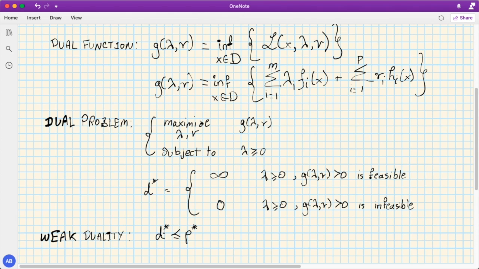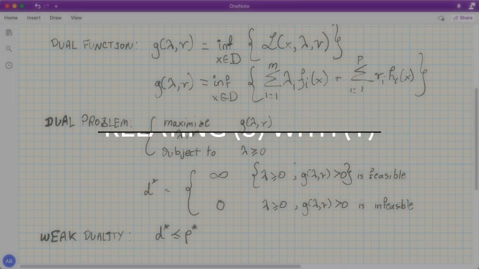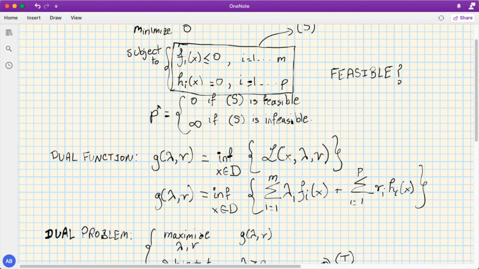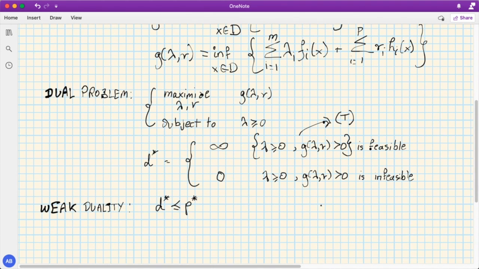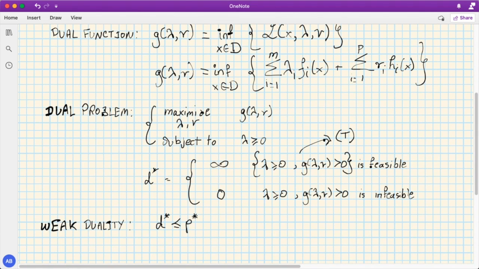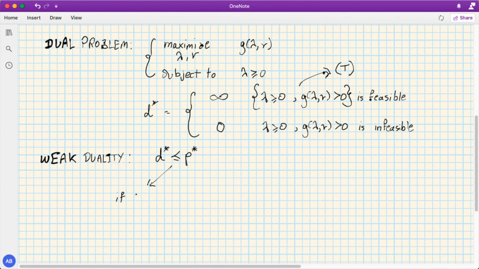So we've got two cases over here. If I denote this set by T, then notice the following. We're trying to see if there's any relation between S and T, right? So we're trying to answer the question, is S feasible, in a different way, using the help of T. So if d star is infinity, that is, T is feasible, then p star has to be infinity, okay?